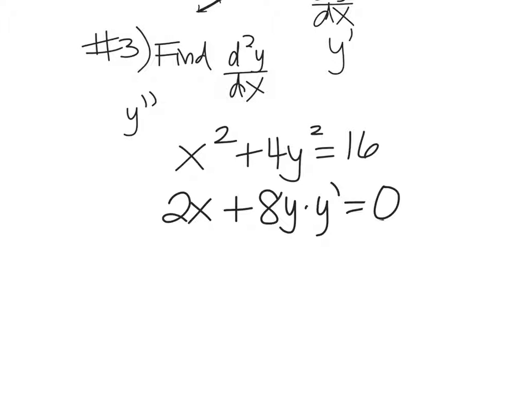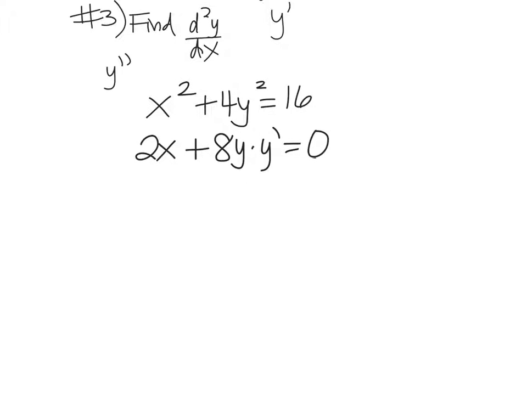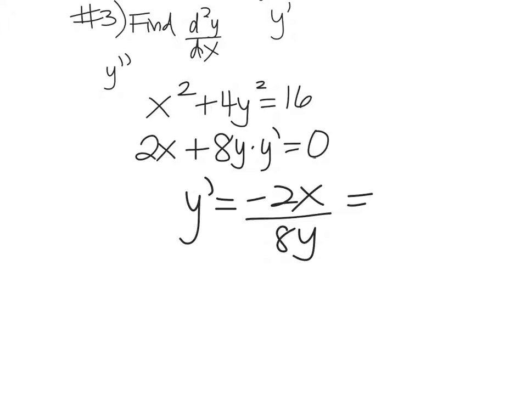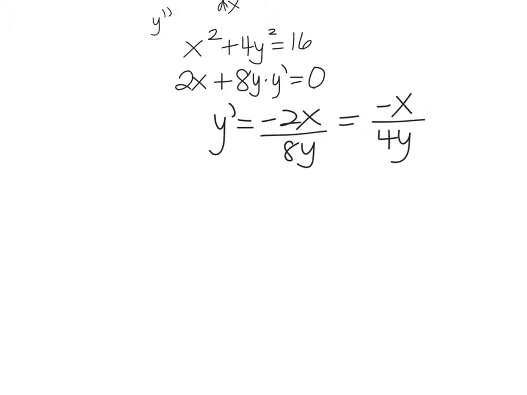Okay, so now let's solve for y prime. So subtract 2x to the other side, divide by 8y. So the first derivative is going to be negative x over 4y. That's the first derivative. That'd be nice if they stopped there, but they didn't. They said to find the second derivative.